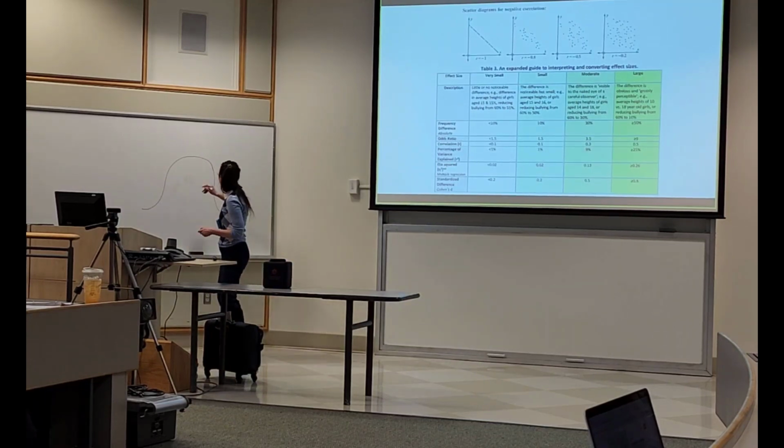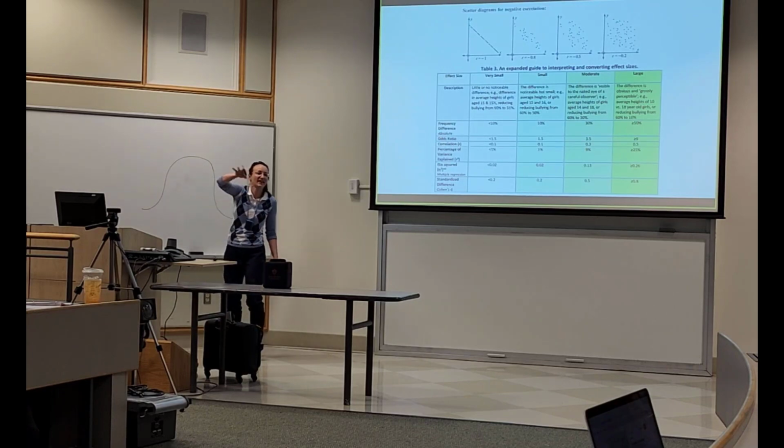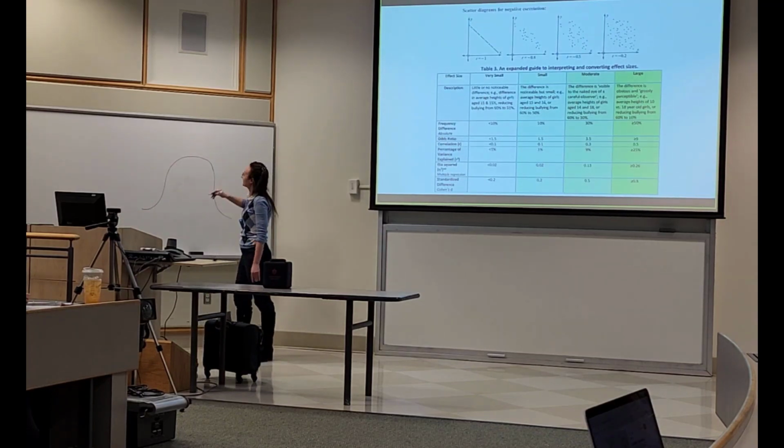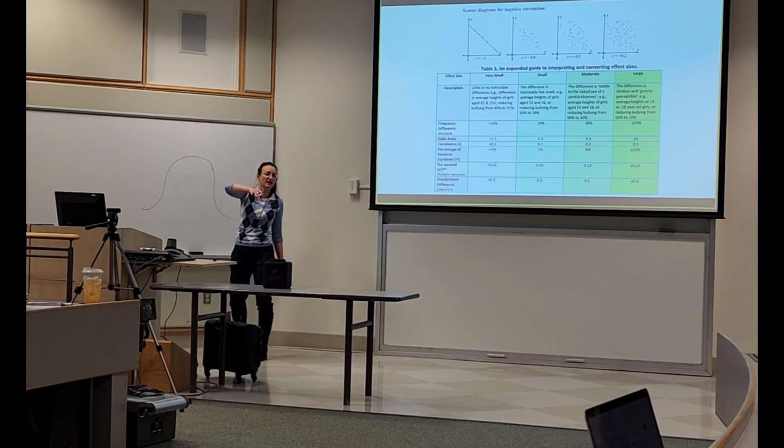So let's say we want to know if our therapy works, okay? And if the therapy works, well, people should be less depressed in the therapy group than in the control group. But let's say it doesn't work, and we start with a null hypothesis. We assume it doesn't work, and then we try to disprove that, because things work by disproving in science.